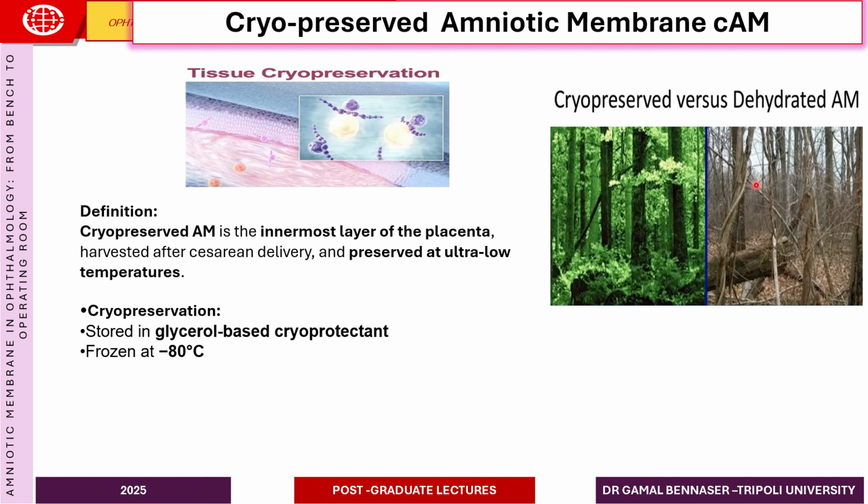This image shows you the difference between the dehydrated amniotic membrane and the cryopreserved amniotic membrane. The cryopreserved maintains to a large extent the viable substances present in the amniotic membrane. The dehydrated one also contains viable substances, but not as much as the cryopreserved one.